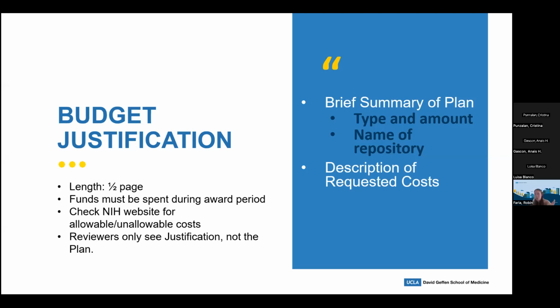So this is just to provide an overview, including the type and amount of data, names of any repositories that you're using. And then also, because it's the budget justification, you're also including a description of the required cost that might be associated with this. So all of that should fit into about half a page. That's the suggested length that they give you.